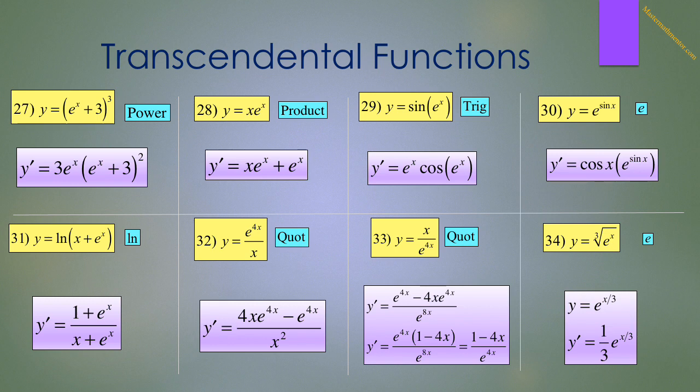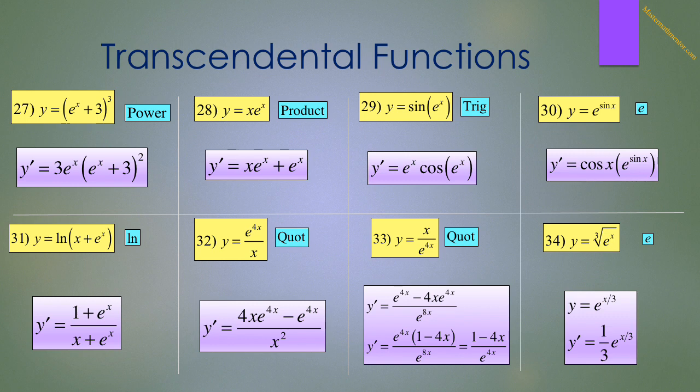In this problem, I chose to factor out the e to the 4x upstairs and get e to the 4x times the quantity 1 minus 4x over e to the 8x. I did that so we could do some cancellation, and we end up with 1 minus 4x over e to the 4x.